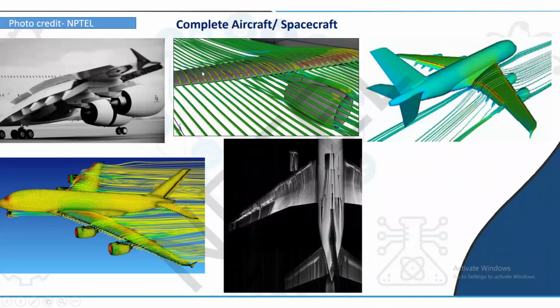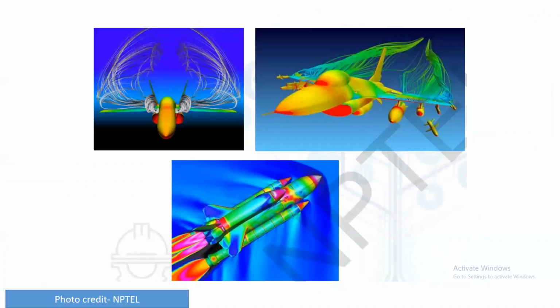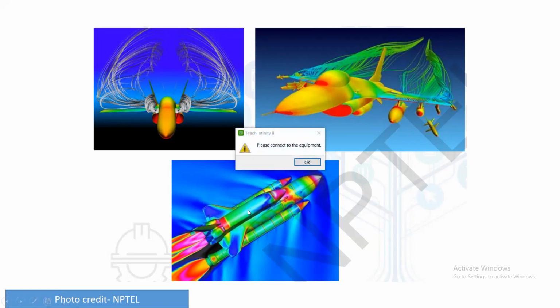Here also you can see similarly the flow over the airfoil. This is how you can predict. In the engineering field people sometimes say CFD is colorful dynamics. Of course it is colorful dynamics, but you should know what each color means and how to optimize that color to some other color. That is the main idea.